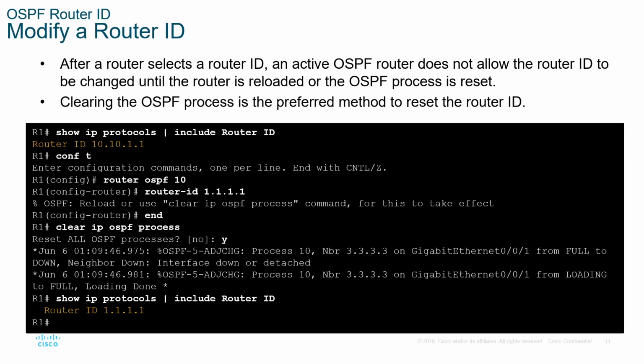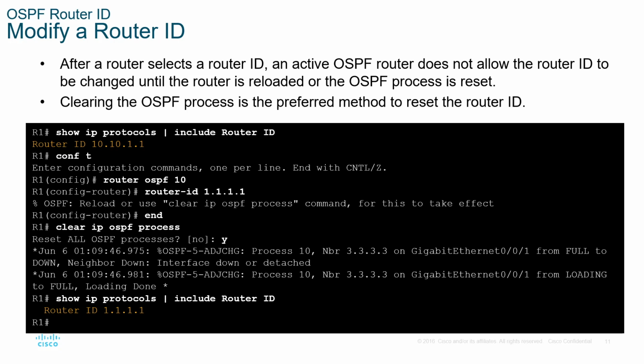Cool. Now, this is how we modify the router ID. So if you had assigned the router ID to be something, but you then changed your mind and want to change it to something else, remember that because the LSDB is now the same on all the routers, you have to do something to let all the other routers know that you have changed your ID.